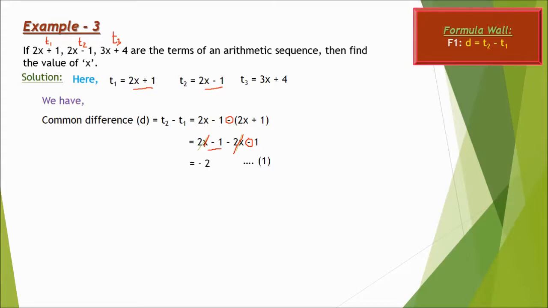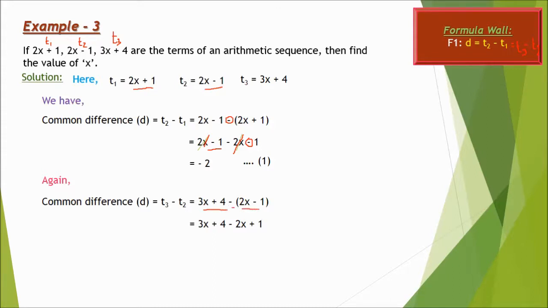and this is equation 1. And again we can find the common difference, isn't it? That is the common difference which we can add here, t3 minus t2 also. Now let's apply this. Common difference is t3 minus t2. The value of t3 is 3x plus 4 minus, and we have to use a bracket, 2x minus 1.